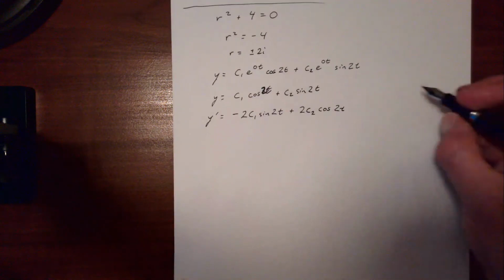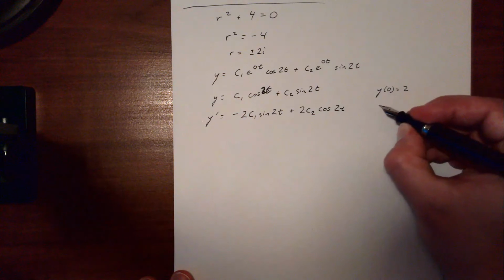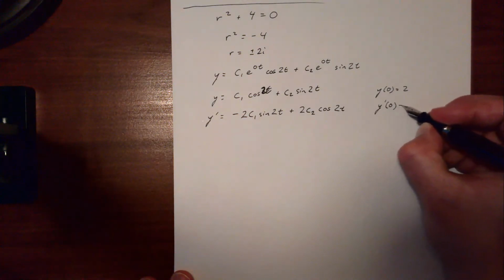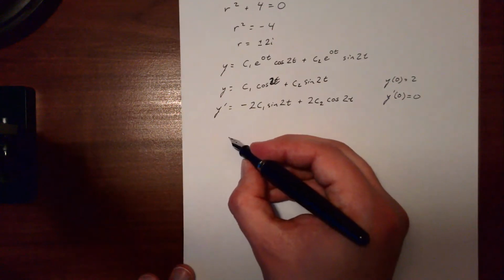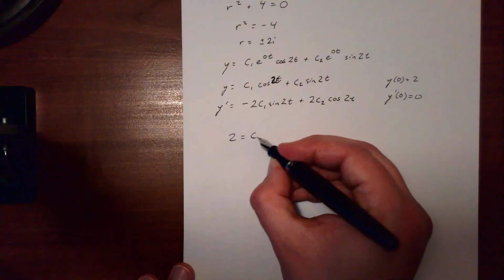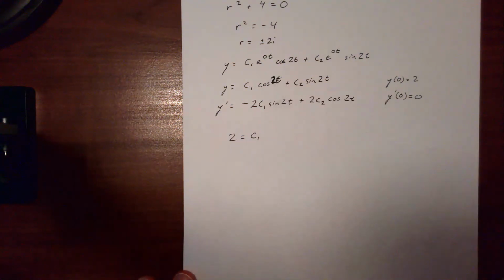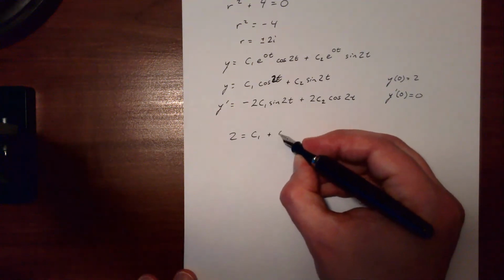And now we will plug in y of 0 equals 2, y prime of 0 equals 0, and that means we're going to have 2 equals c1. Here cosine is the only thing that survives, equaling 1, when plugging in 0.